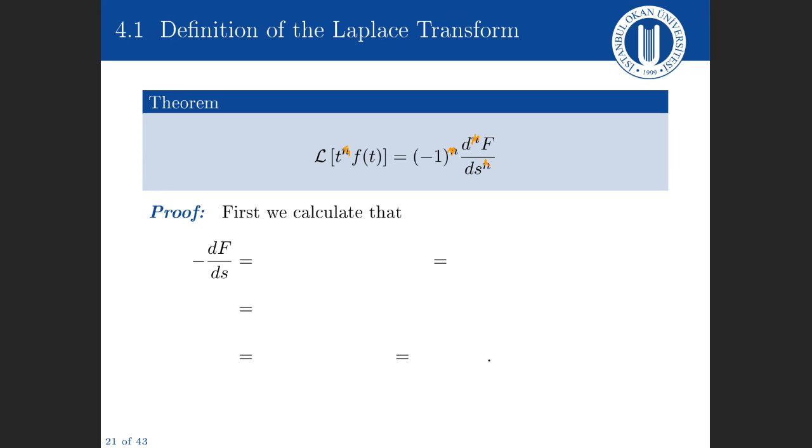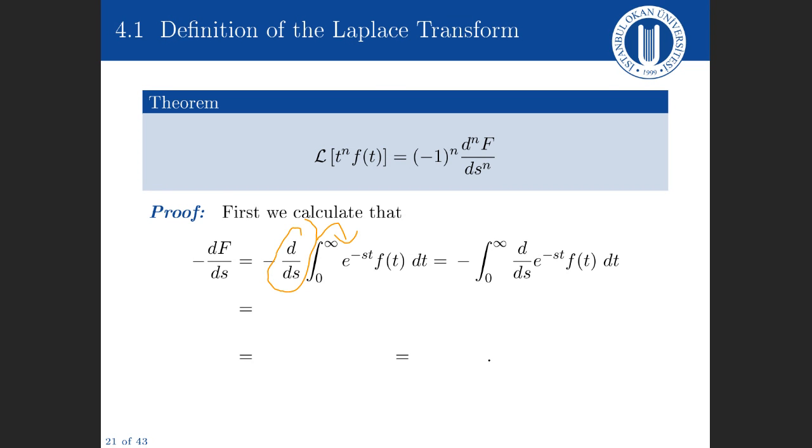Now, minus dF/ds, that's minus d/ds of, this is just the definition of capital F, the definition of the Laplace transform of small f. And let's just suppose that we're allowed to take the derivative inside the integral.